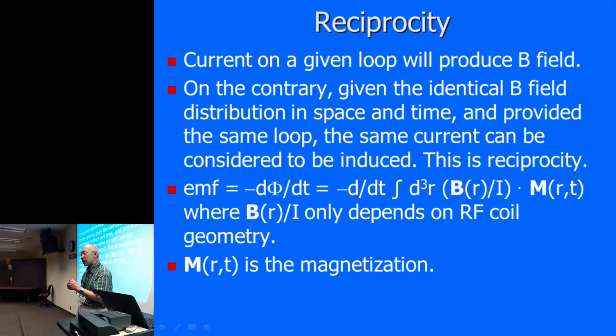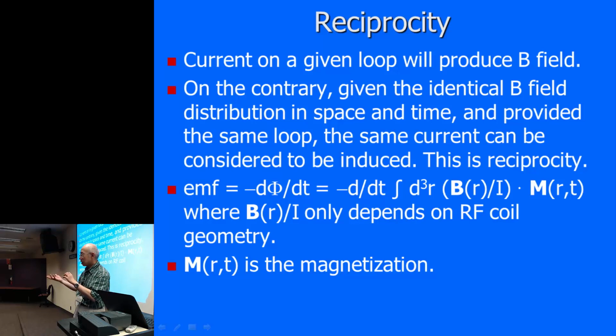That concept, that you can imagine there is a circular loop with a DC current flowing in it, is reciprocity. You have currents, and the currents produce fields. You have fields, and you can imagine the corresponding currents in that loop. This is not Lenz's law. I'm not talking about Lenz's law; this is just even for DC current.